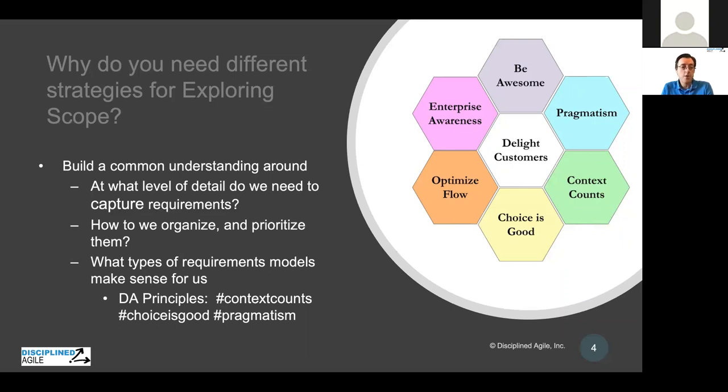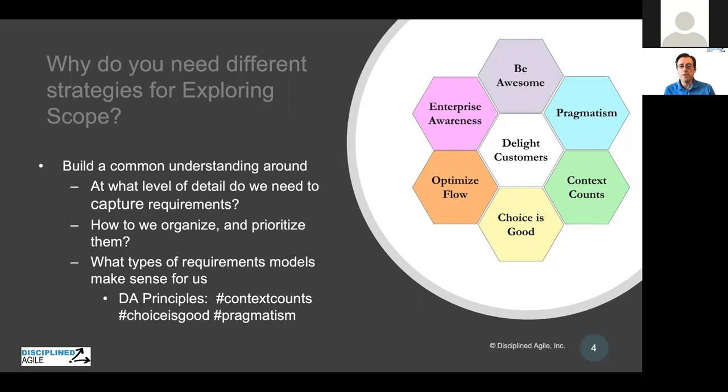And how are we going to structure our requirements and usability? And so we build up this set of requirements to build out the next release. How do we organize those into something that we can prioritize, size, and become the queue for the work that has to be done? And we also need to decide what types of requirements models make sense for us.